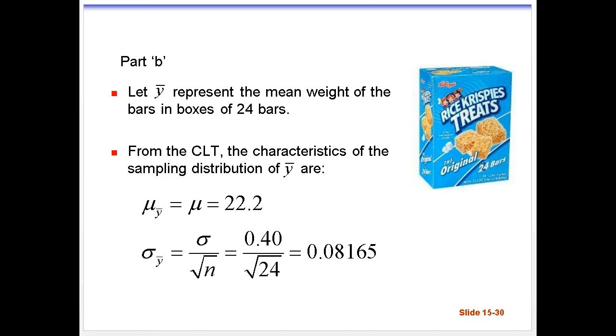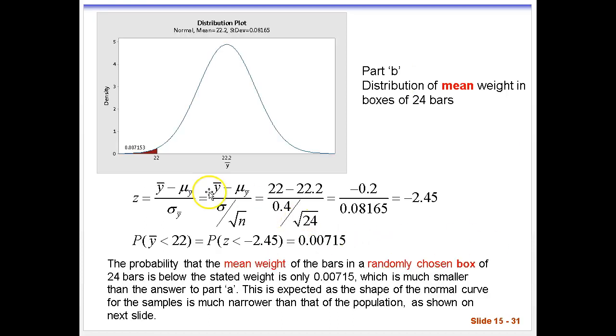So when I go to do my calculation this time, again, if I did it from a z-score, I now need to calculate a z-score on the sample mean relative to the mean of the means and the standard deviation of the means. So what's the probability the mean is less than 22? First of all, y bar is 22.